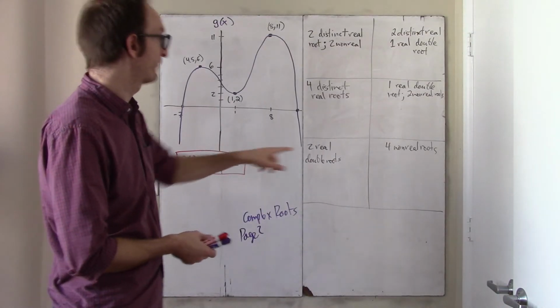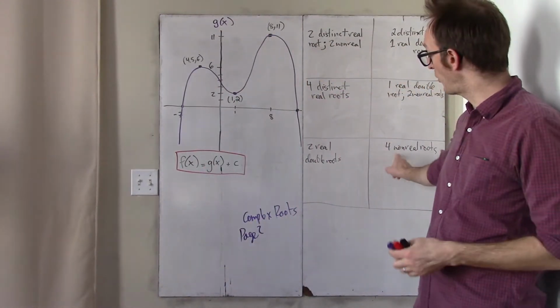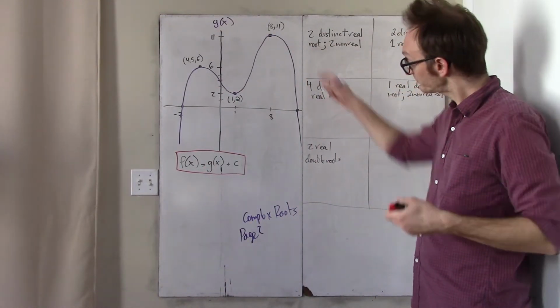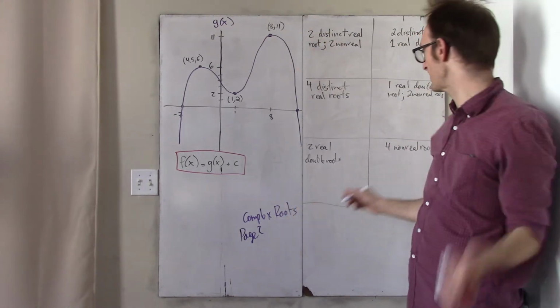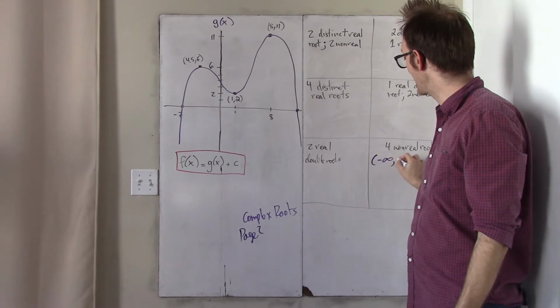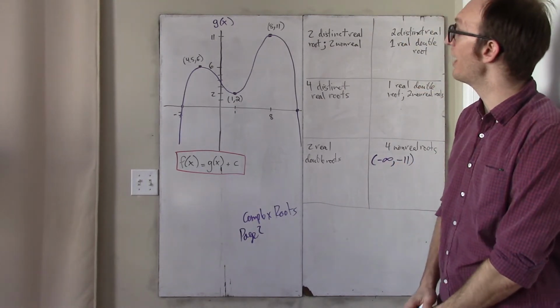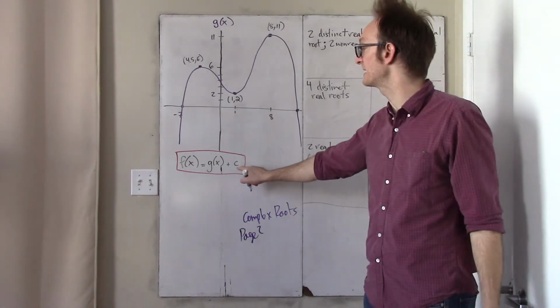I will have 4 non-real roots when the entire polynomial is below the x-axis, which will happen for everything from -∞ to -11, exclusive. Now what if c is exactly -11?